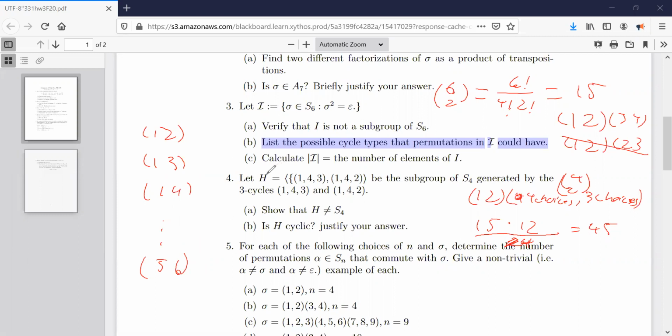Because otherwise it gets pretty high. Cool. Other questions?